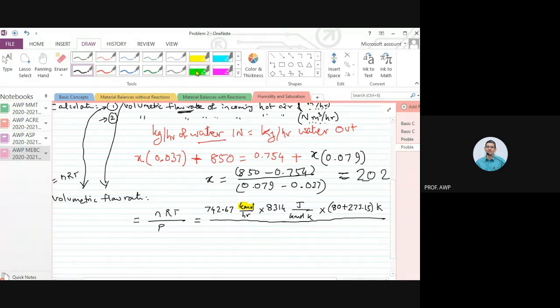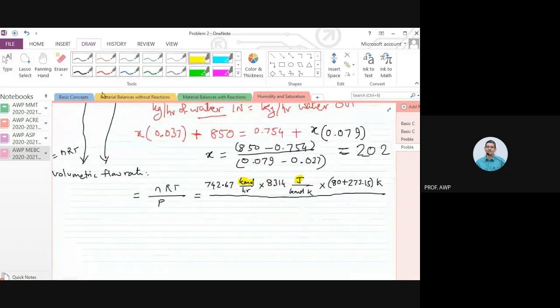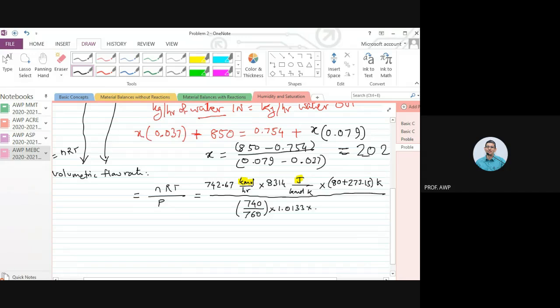Now this is in terms of joules. So I better take pressure in terms of Pascal or Newton per meter square. So pressure is 740 mmHg. So that is 740 mmHg divided by 760 mmHg. That would be in terms of atmospheres. Multiply that by 1.0133 into 10 raised to 5.